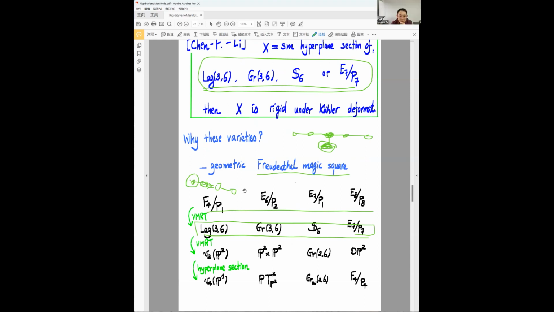You will take the hyperplane section of this one? Yeah. But then this is not locally rigid. So the hyperplane sections are different themselves, right? Yeah. It's not locally rigid, so you cannot talk about rigidity.